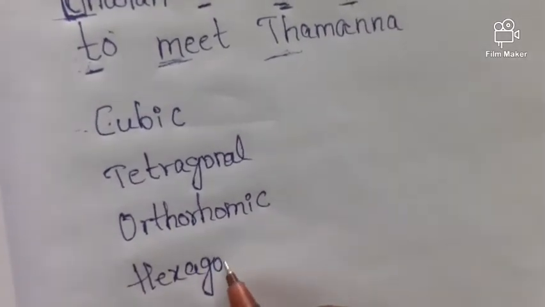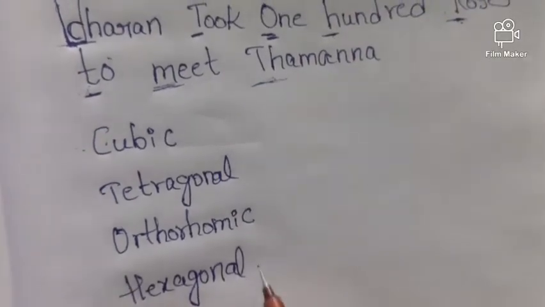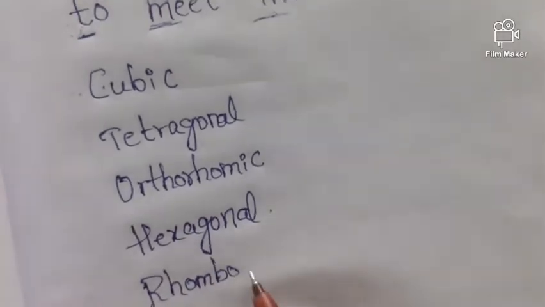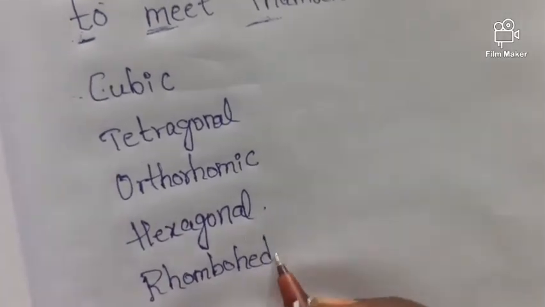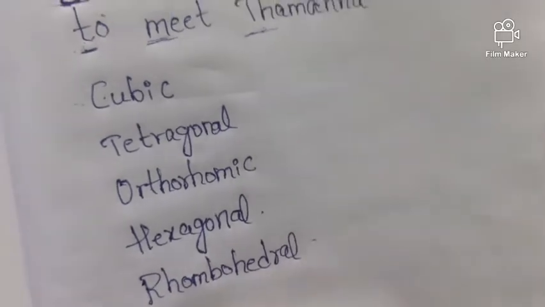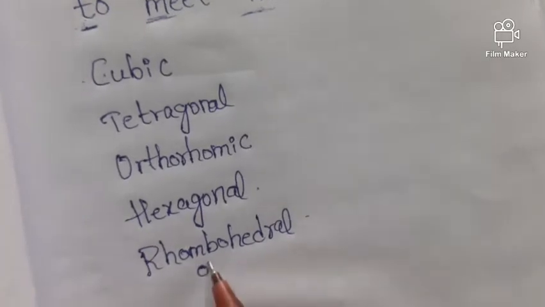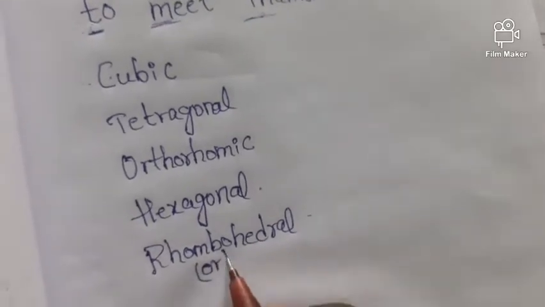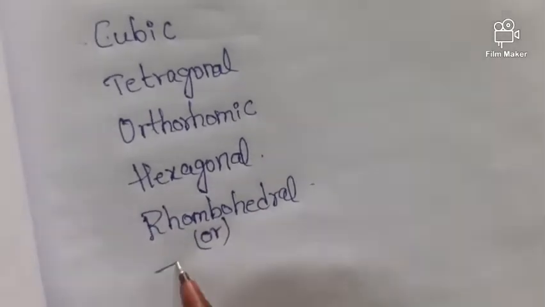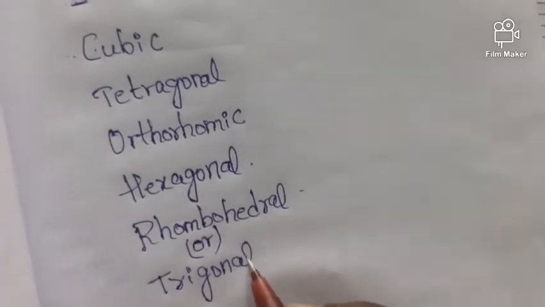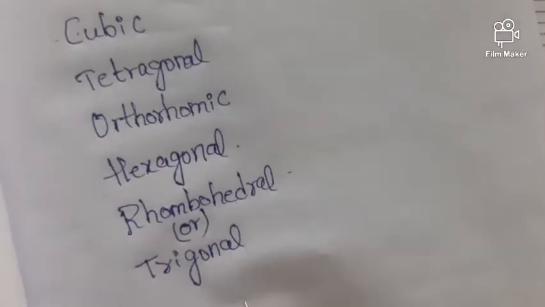Next we have R, R means rhombohedral. I told you that R and T should be taken for the same crystal system. So rhombohedral, or it is also called the trigonal system, rhombohedral or trigonal.